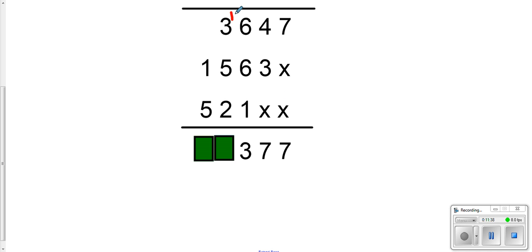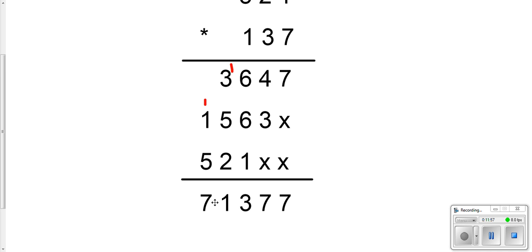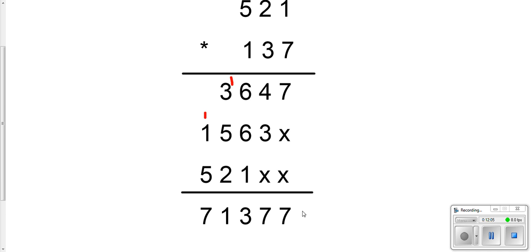The 3 goes here, the 1 gets carried. 1 plus 3 is 4, plus this 5 is 9, plus this 2 makes 11. 1 goes here, the other 1 gets carried. 1 plus 1 is 2, plus that 5 makes a 7, so we'd have 71,377. So this times this, 71,377. And that's how you do the multiplication algorithm.